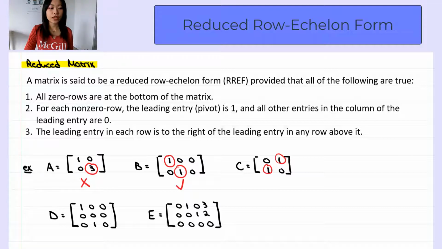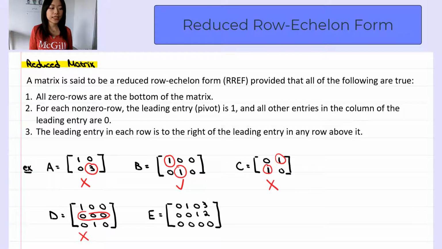But the leading entry in the second row is to the left of the leading entry of the first row. So matrix C is not in reduced row-echelon form. How about matrix D? It does have a 0 row. However, this is not at the bottom of the matrix. So for matrix D, the first condition already failed. It is not in reduced row-echelon form.